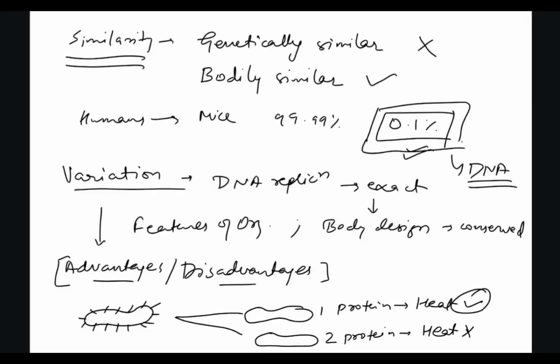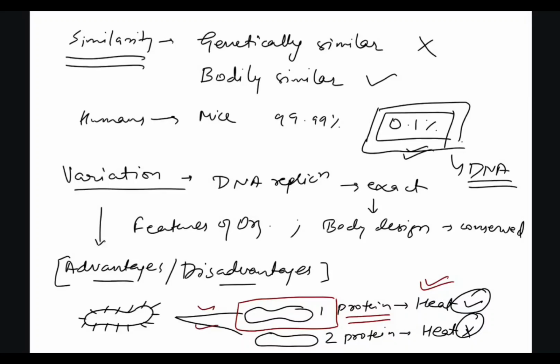Now, in case of extreme temperature rise, which one of them do you think will survive? So bacteria 1 will survive. Why? Because there are certain proteins that make it resistant to high temperatures. This is because there are variations.